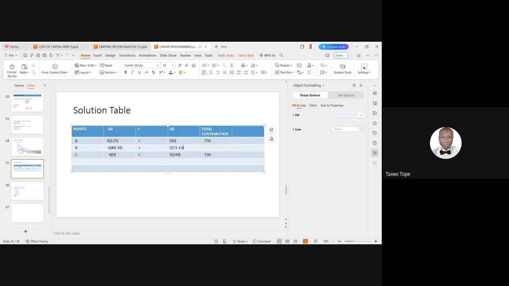So when you do the multiplication and the addition, what will you have as total contribution? 896.69.